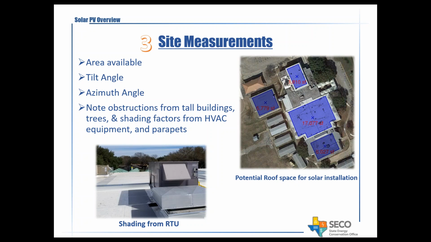You'll also note obstructions from tall buildings and trees and other shading factors that might affect your PV system. If you look at the picture shown here, this rooftop unit does shade, and the shadow will move throughout the day. So you can observe how far away your system should be from it to avoid any obstructions or shading to your PV panels or systems.